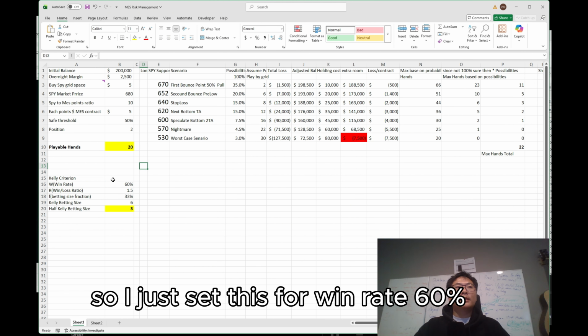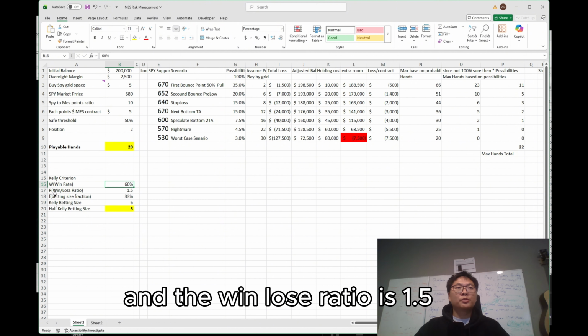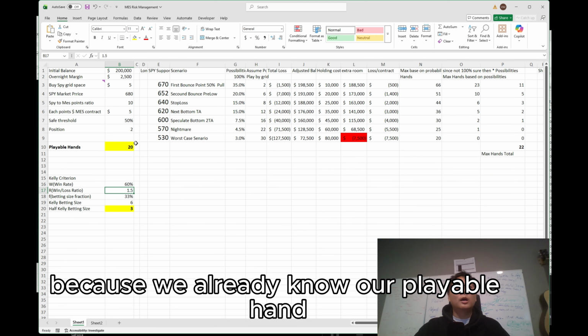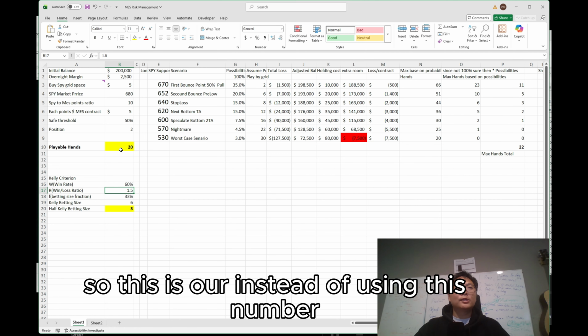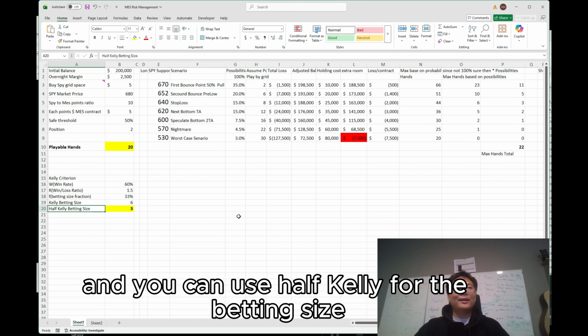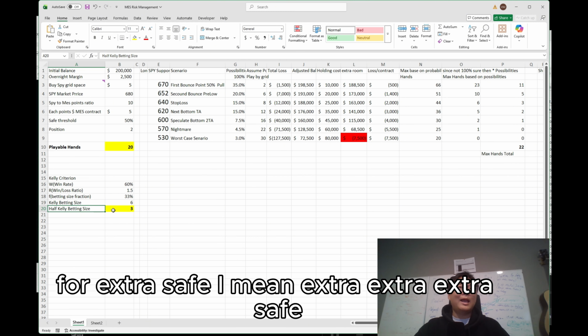So I just set this for a win rate of 60%, and the win-lose ratio is 1.5. And this works very well because we already know our playable hand. So instead of using this number, we use our playable hand. And you can use half Kelly for the betting size to be extra safe.